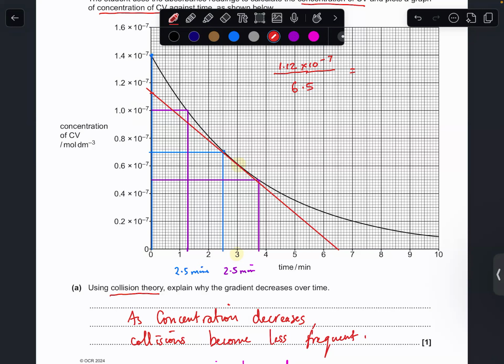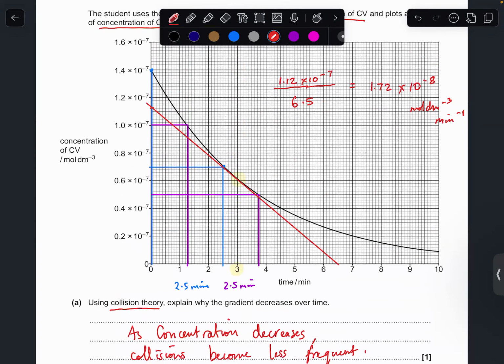What does that give us? 1.72 times 10 to the minus 8 moles per decimeter cubed per minute. Be careful of your units, and this is the calculation that we would use to determine that.